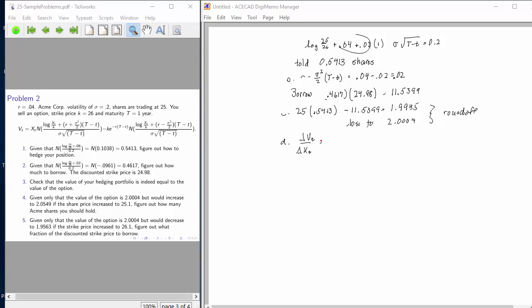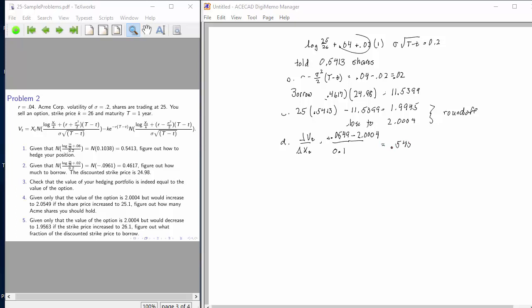I say if the share price increases by 1/10 of a dollar, the option value increases to $2.549 from $2.004.